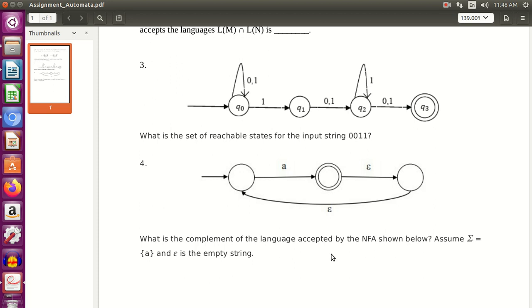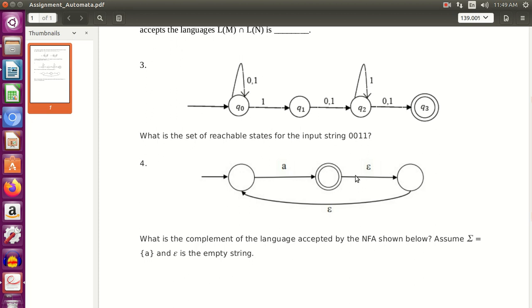So for this particular question, if you think logically, from the perspective of the language, what should be your answer? You have to find the complement of the language accepted by the NFA shown above. So this NFA accepts which language? A. Not only A, it's A plus.